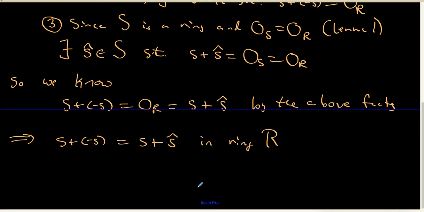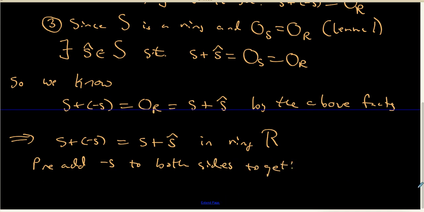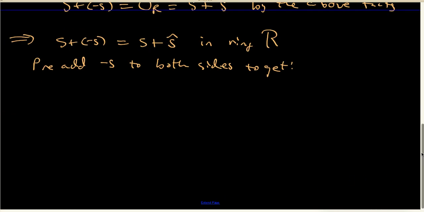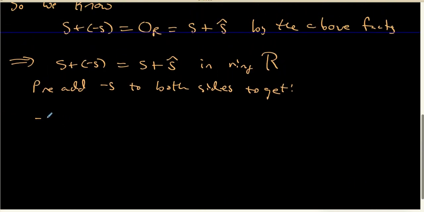And now we're going to pre-add minus s to both sides of this. So we pre-add minus s to both sides, and when we do that, we get the following equation. We get minus s plus minus s is equal to minus s plus s hat.